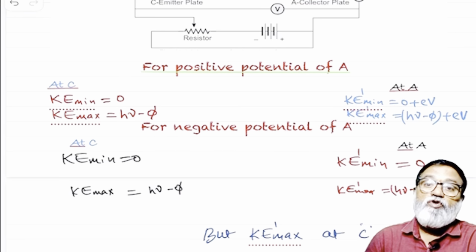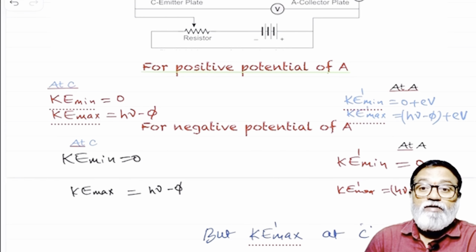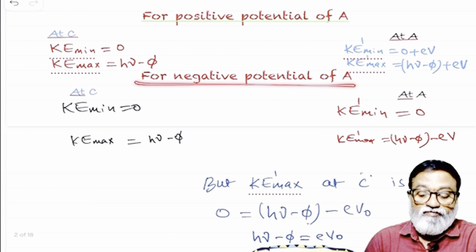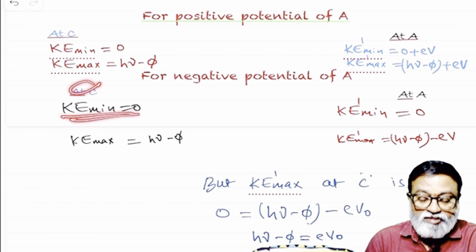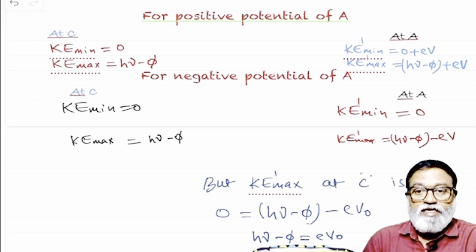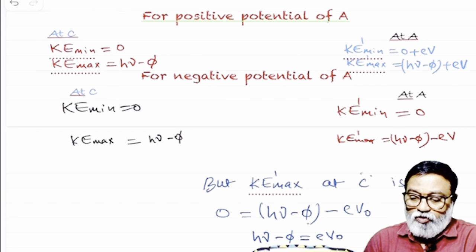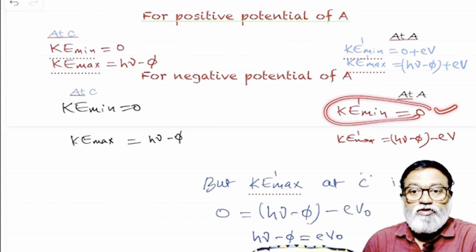In that case, the photoelectric current is 0. That negative potential of the anode is called the stopping potential. Here, for negative potential of A, at C the kinetic energy minimum is 0. Therefore, as the negative potential increases, no electron can reach the anode. Therefore, here KE minimum is also 0.